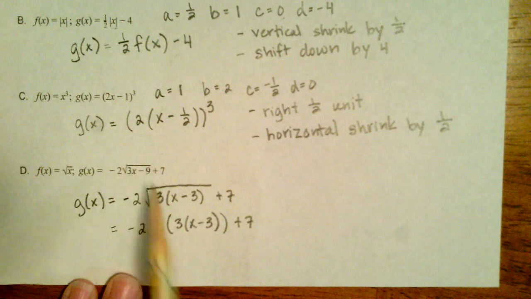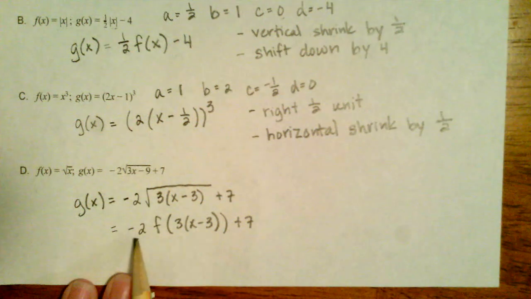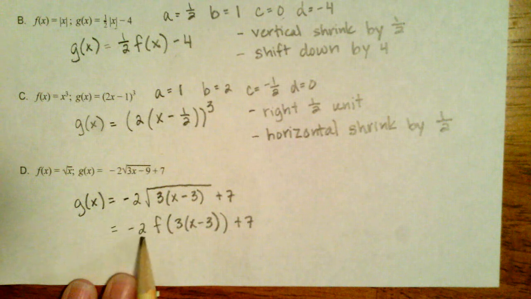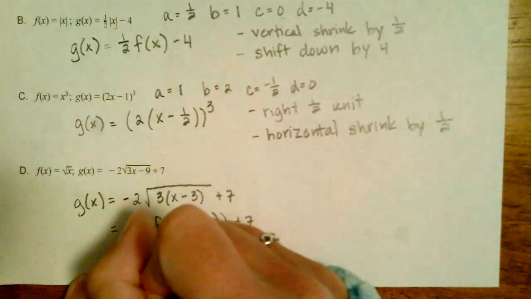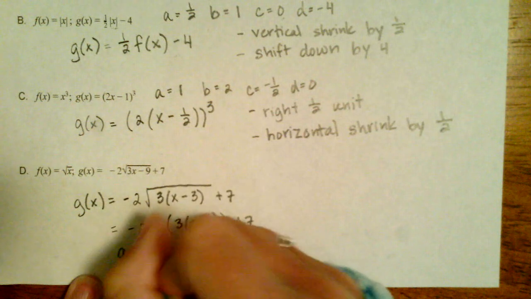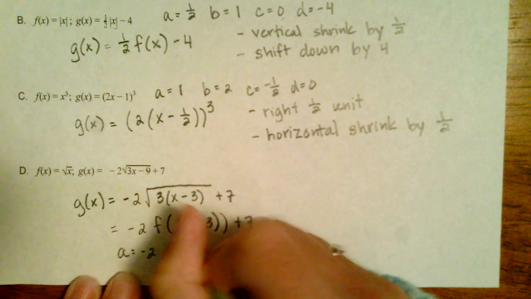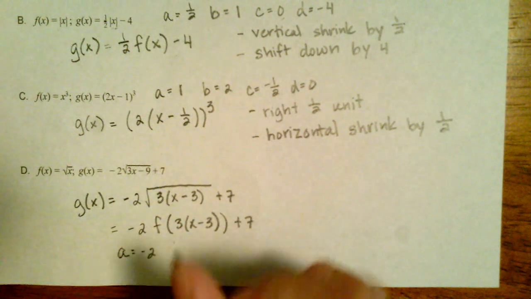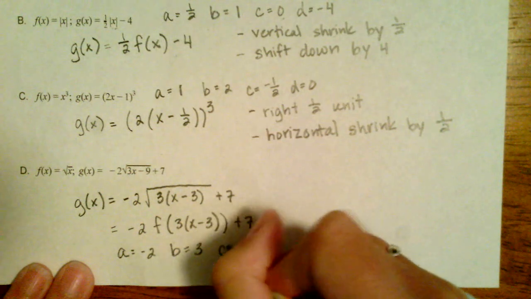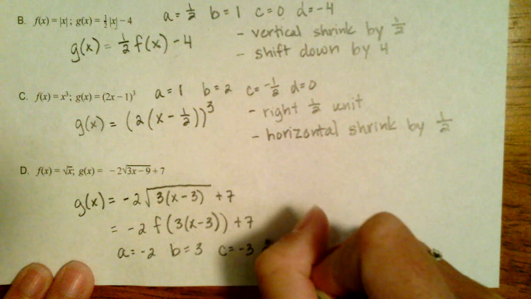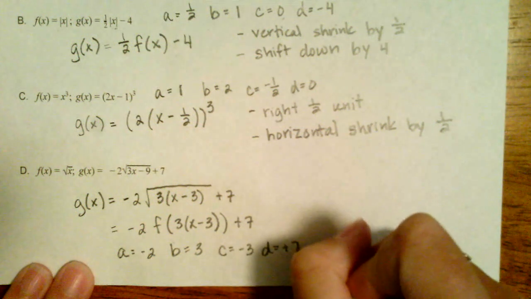I just factored here. I multiply the square root expression by -2, and then I add 7. So now my A is -2, my B is 3, my C is -3, and my D is +7.